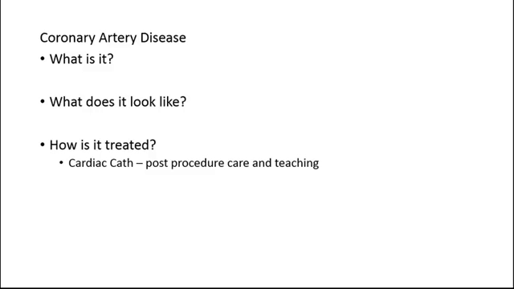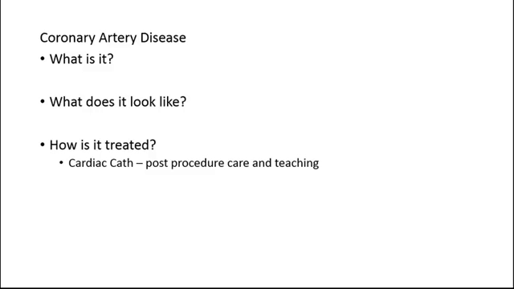Okay, coronary artery disease is the next one on here. What is it? Well, coronary artery disease is a narrowing of the coronary arteries, which occurs from fatty deposits in those arteries as a result of atherosclerosis. So the risk factors would be high cholesterol, high blood pressure, smoking, obesity, a sedentary lifestyle, stress, diabetes, and age.